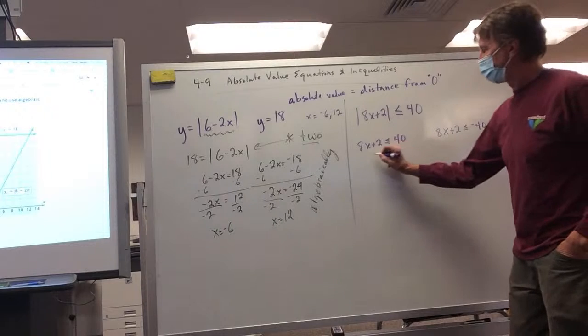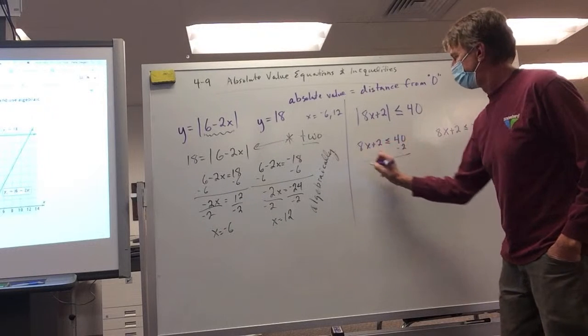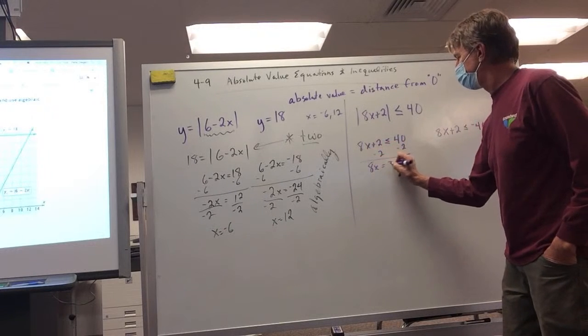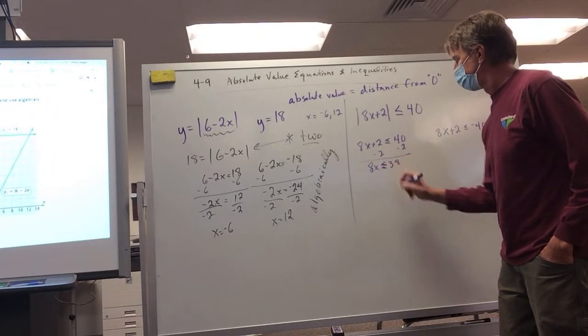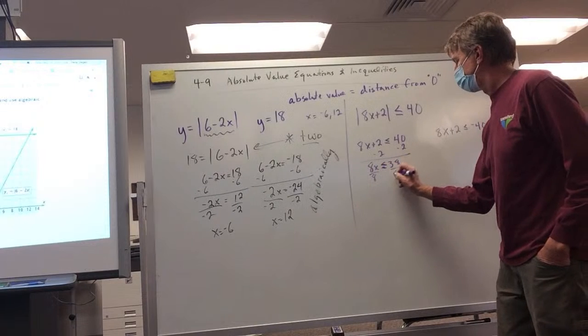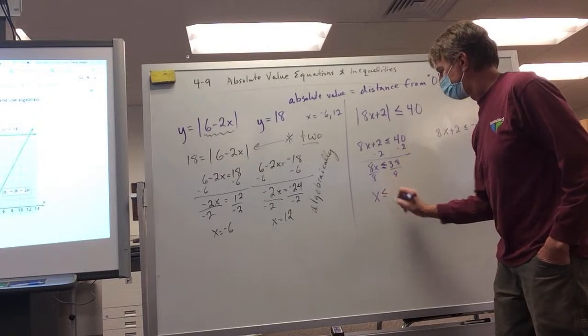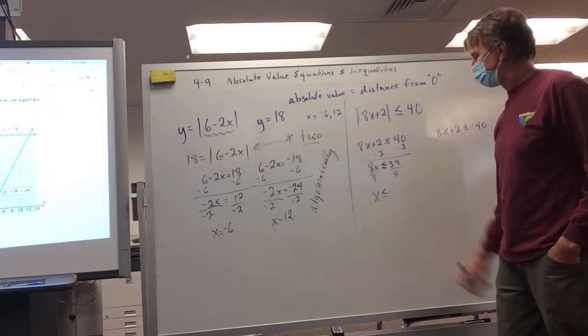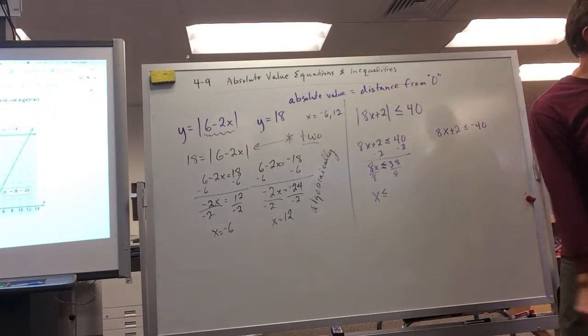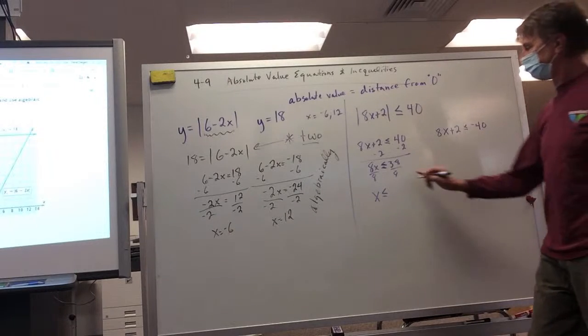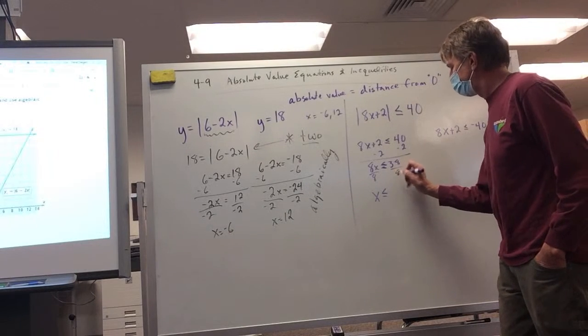So, subtract 2. 8x is less than or equal to 38. Divide by 8. Less than or equal to, well, let's see, half of 38 is how much? 19.